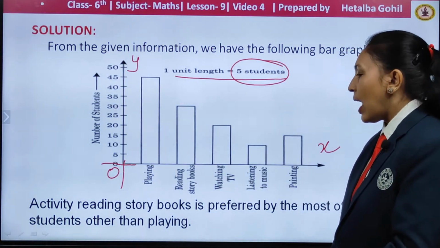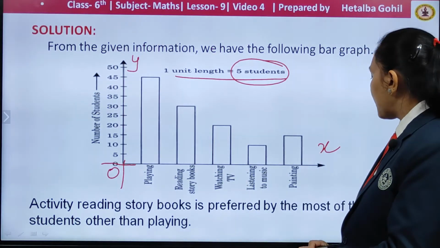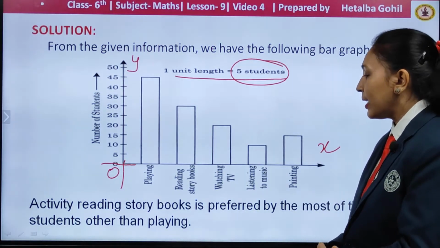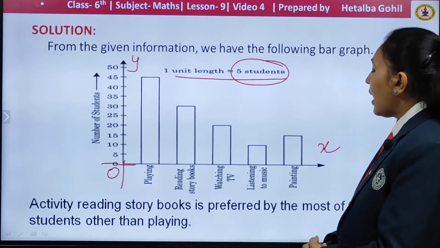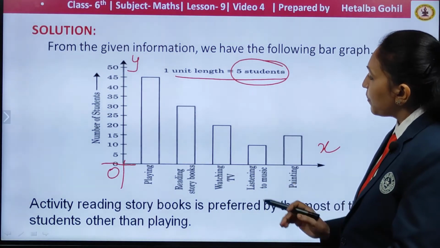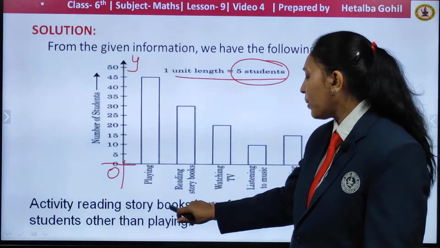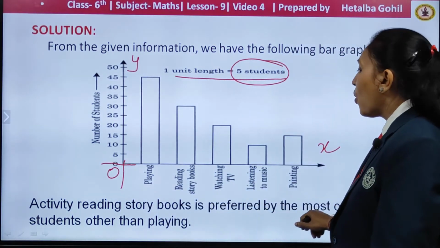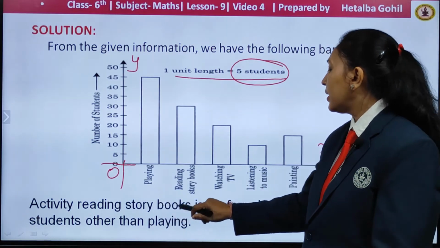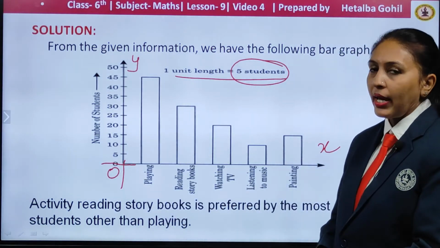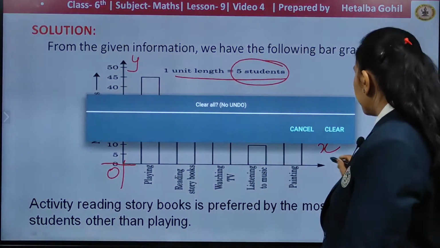And one question was asked: which activity is preferred by most of the students other than playing? Now, you can see which activity is preferred more by children. The activity of reading storybooks is preferred by most of the students other than playing. So, this is our answer here.